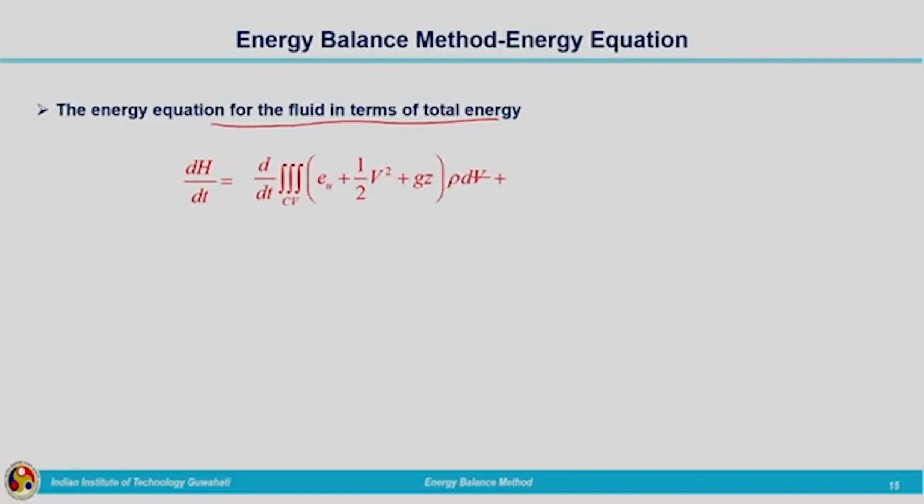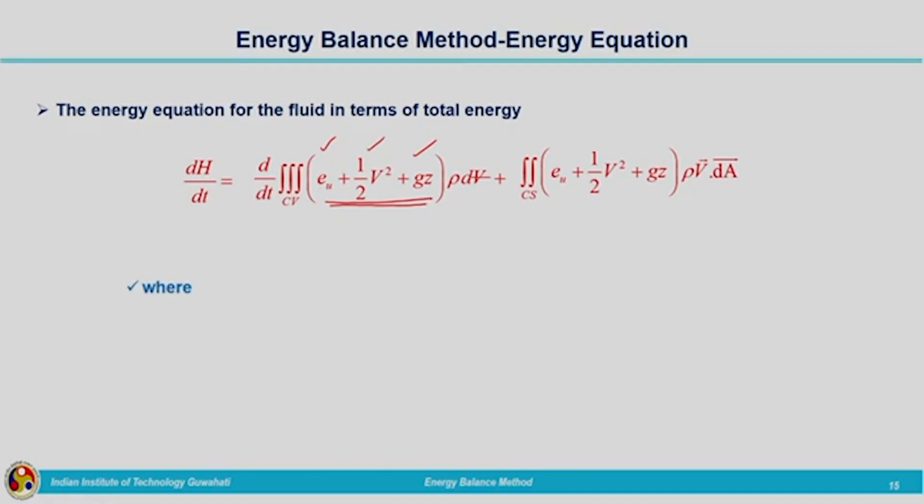So, dH by dt can be written as the sum of two terms: the time rate of change of the extrinsic property within the control volume plus the net outflow of energy across the control surface. Total energy is given by the sum of internal energy, kinetic energy and the datum head potential energy. These three terms are included in the total energy.